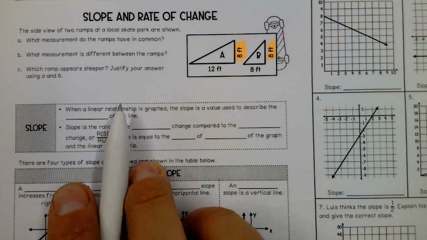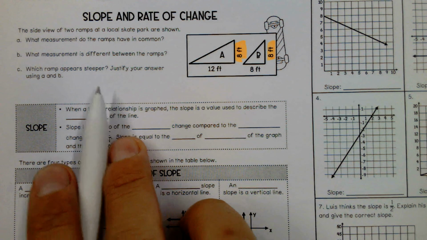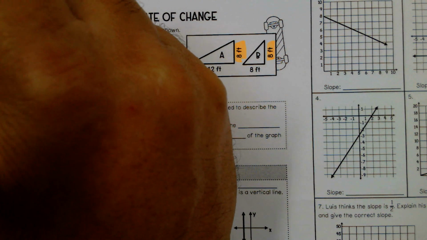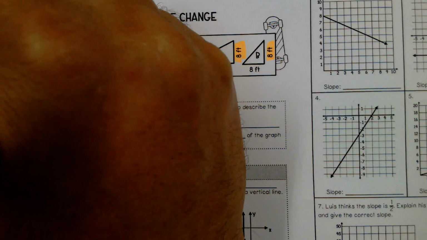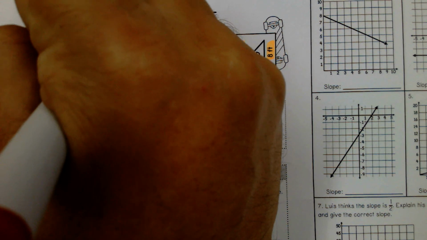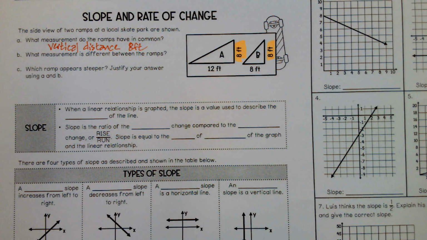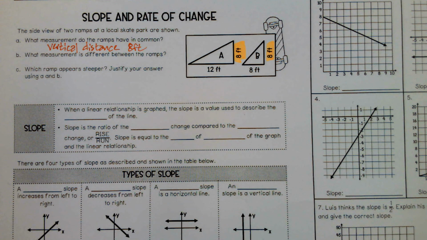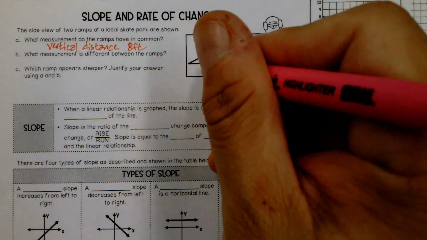All right. So I'm going to call it vertical distance. And it's 8 feet. So they both have a vertical distance of 8 feet. And the one they have that is different is the horizontal distance.